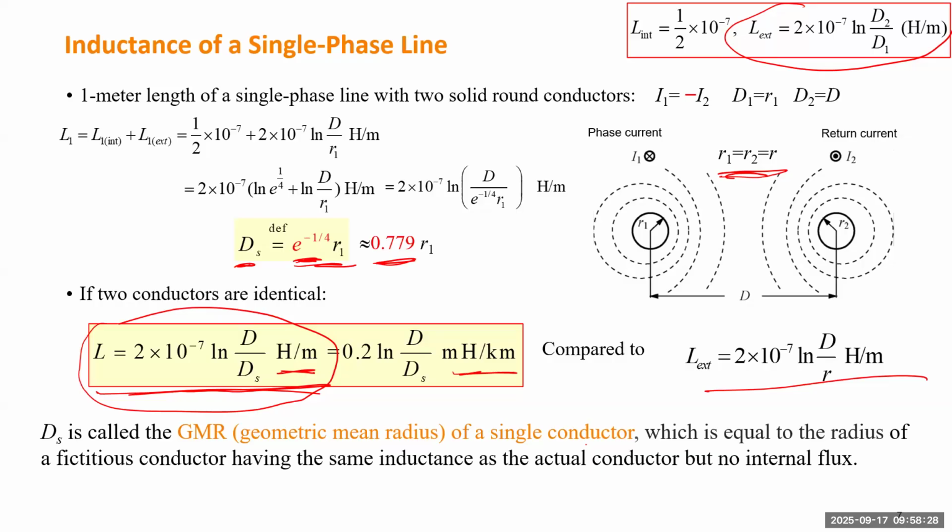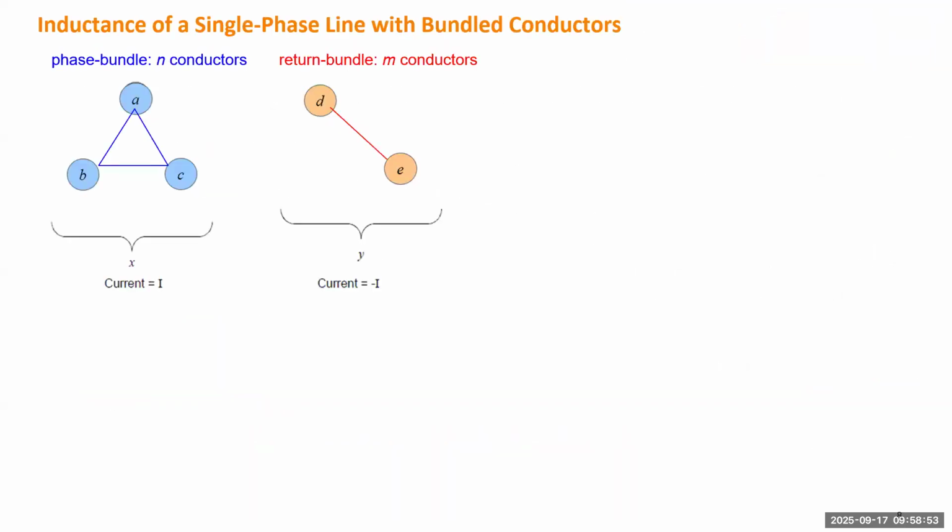You cannot have zero flux inside of the conductor, but it assumes you can make such a material with no magnetic flux inside at all. And that material, to generate the same inductance, will have a radius of 78% of the actual radius. That's what they mean.